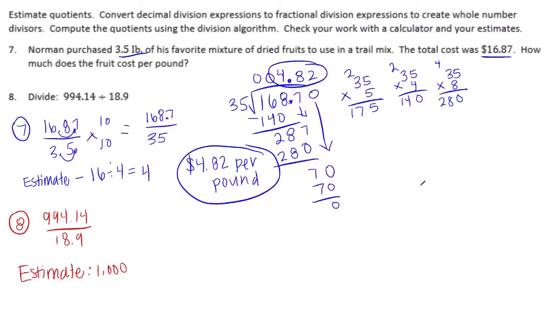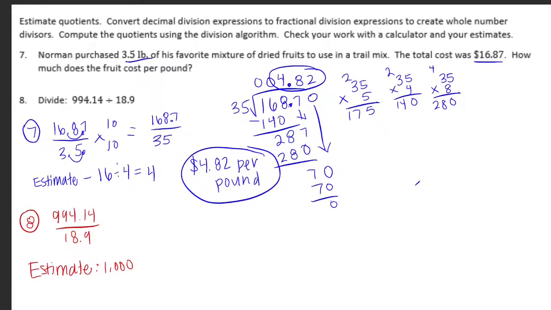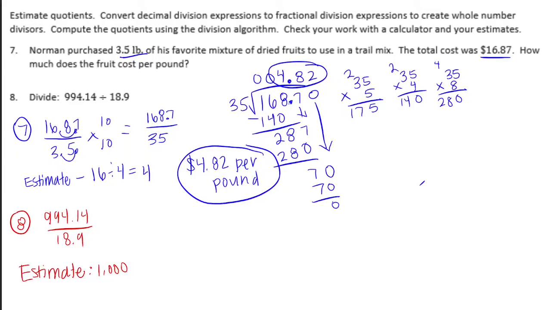And 18, I can't divide 1,000 by 18, but that's close to 20, so let's do 1,000 divided by 20. And that is equal to 10 divided by 2 is 5. Cancel a 0, 1 0 left. So my estimate is 50.